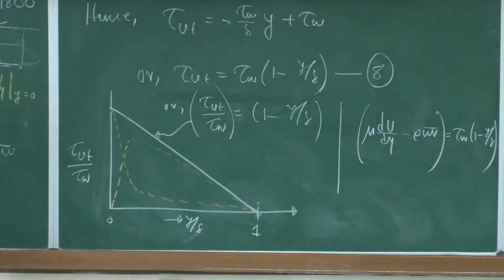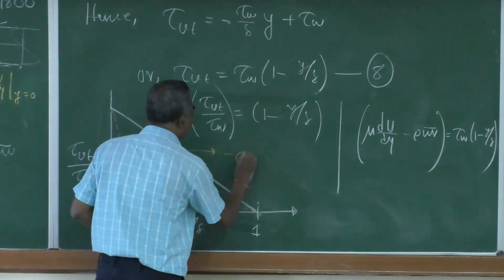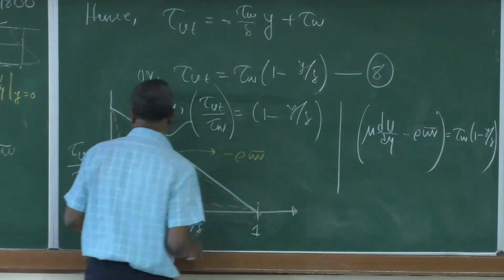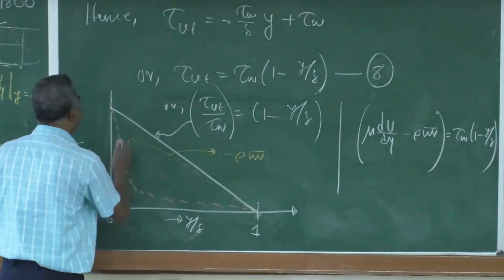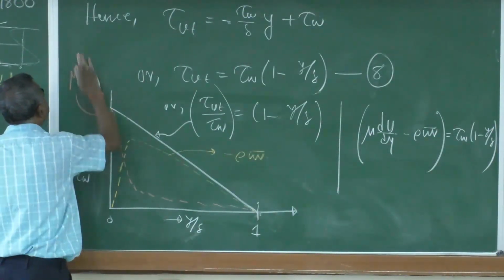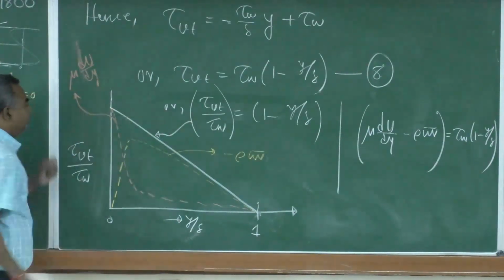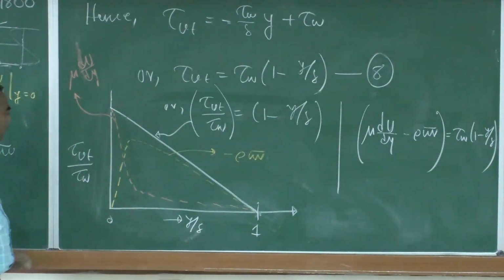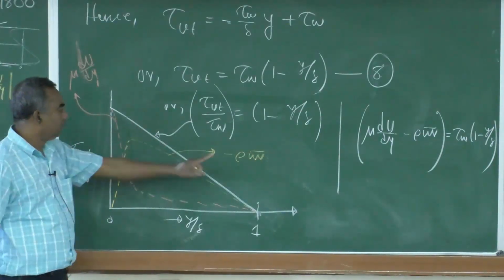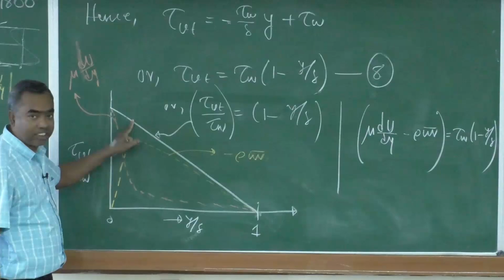So, this is your minus rho u'v' quantity, and this particular one is your mu du/dy quantity. This is the Reynolds stress and this is the viscous shear stress, and the summation of these two is this line.